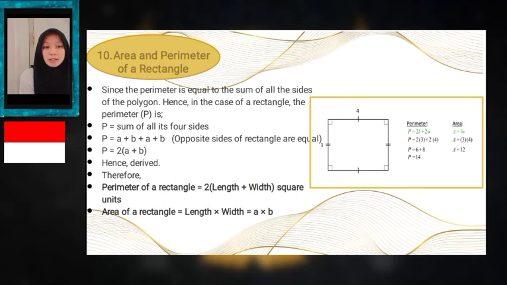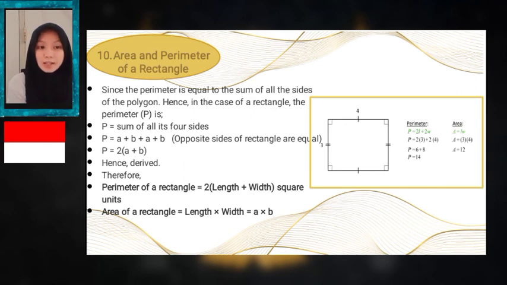Since the perimeter is equal to the sum of all the sides of the polygon, in the case of the rectangle, the perimeter P is the sum of all its 4 sides. P is A added to B added to A added to B. Opposite sides of a rectangle are equal.